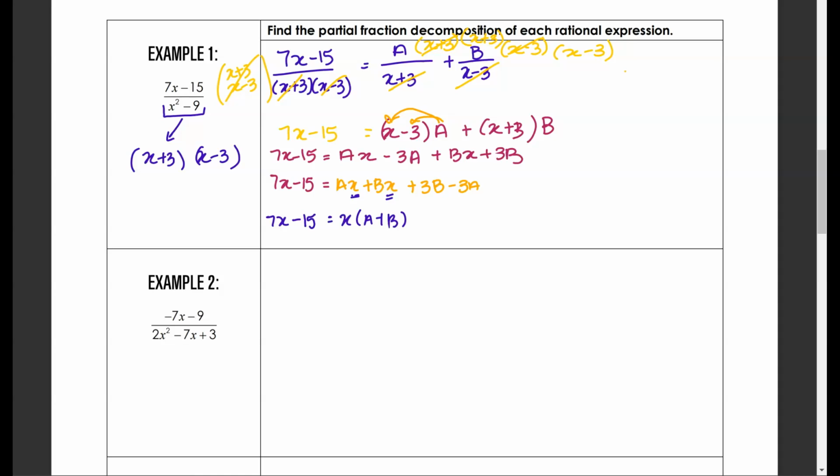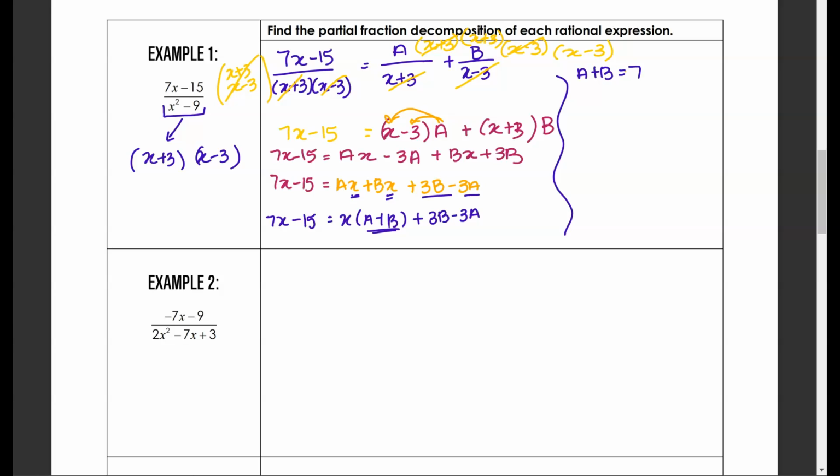So now what we want to do, notice that this is attached to the x. So this is telling us that the first equation is going to be a plus b equals 7.